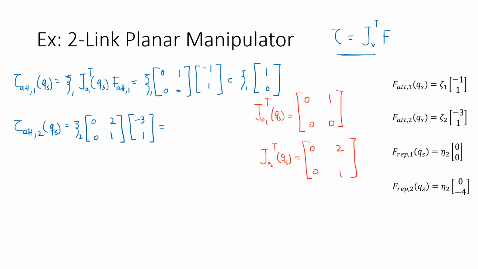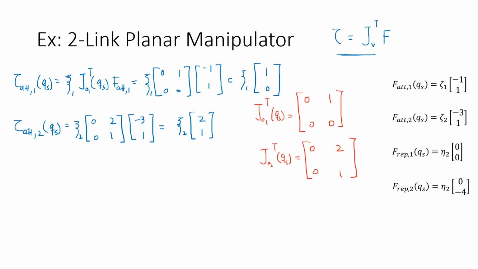This is going to be zeta 2 times first row first column is going to produce 2 and 1, yes.